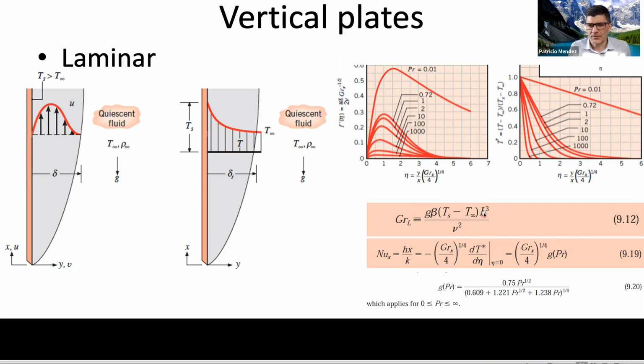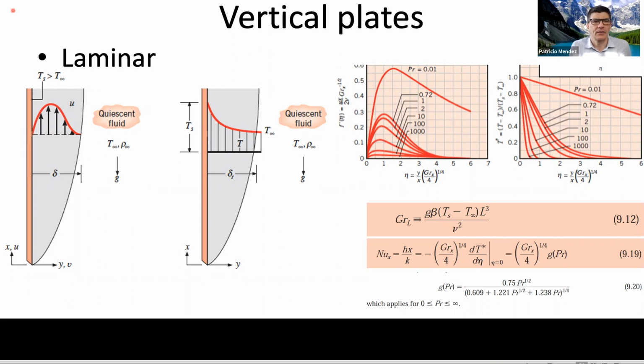And because this is a local convection coefficient, at each point in x we have a different convection coefficient. So Grashof of x would be proportional to x cubed, right? So x cubed to the 1/4.